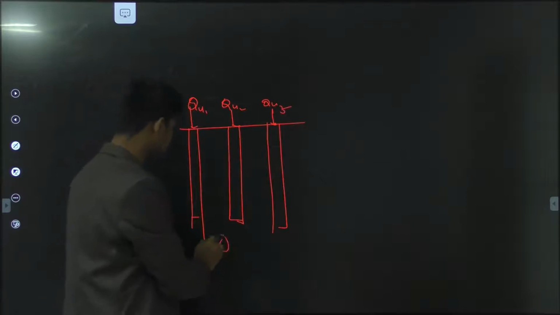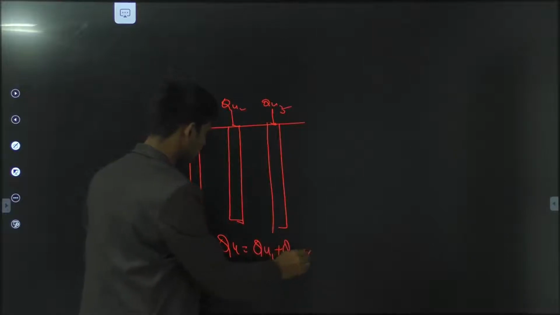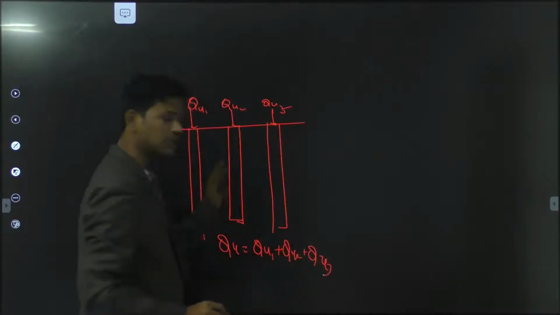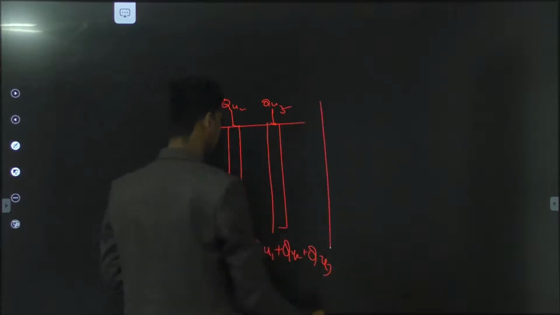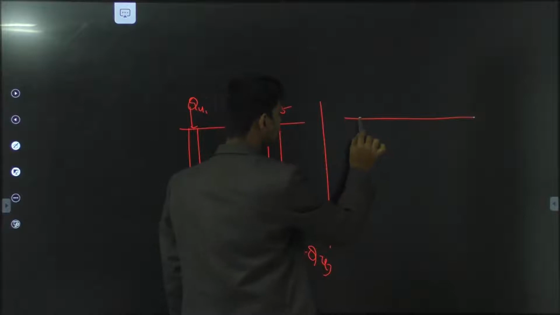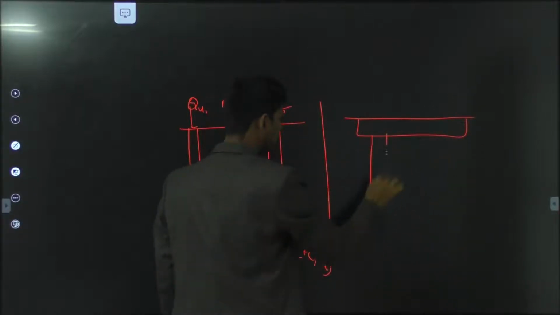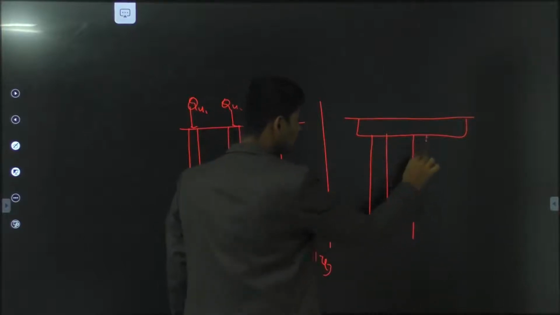By adding these 3 piles, you will get the ultimate load carrying capacity, that is QU1 plus QU2 plus QU3. This is the individual pile ultimate load carrying capacity. For the same type of piles, again I am taking the ground surface, and here I am providing one pile cap, and I am taking the piles as a group of piles.